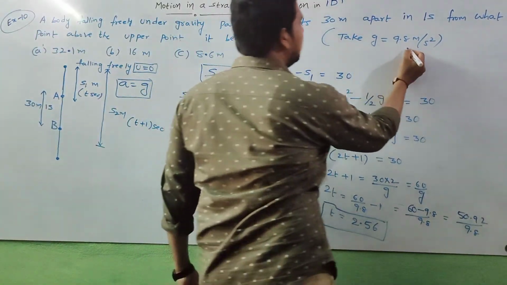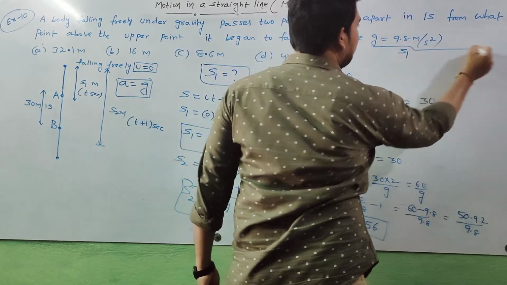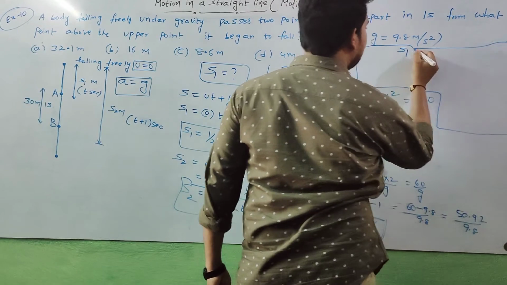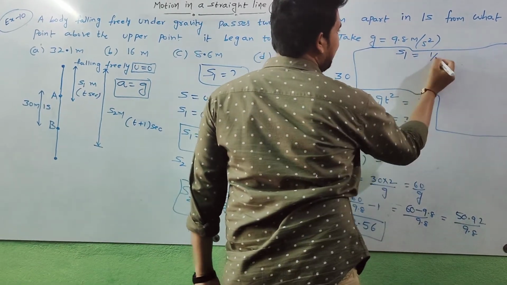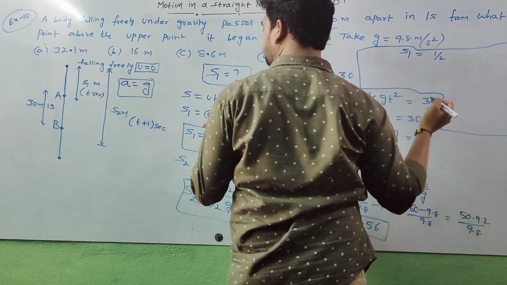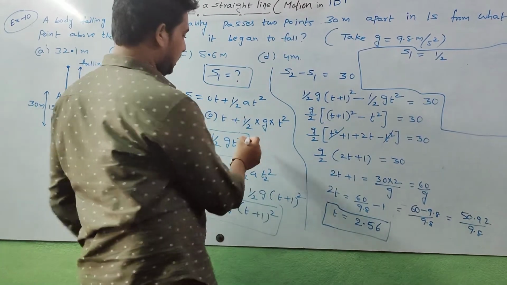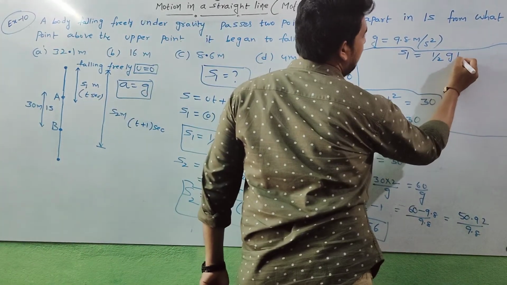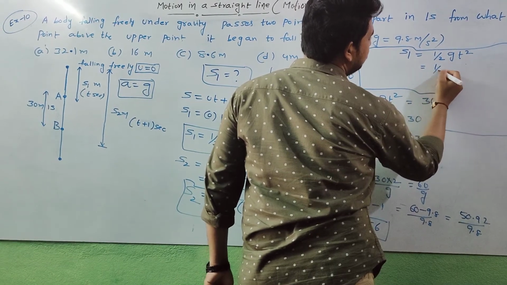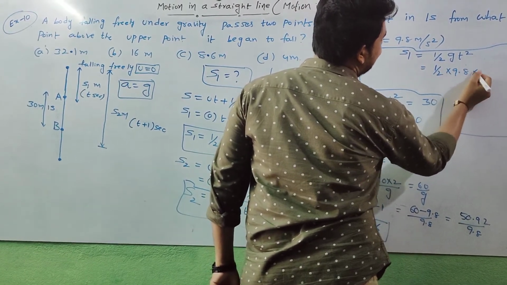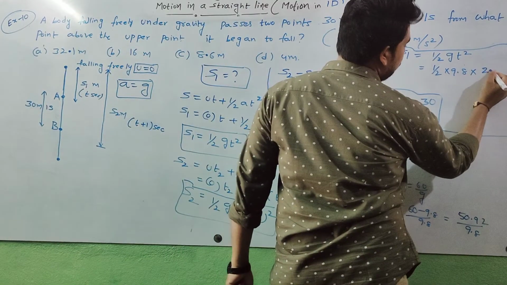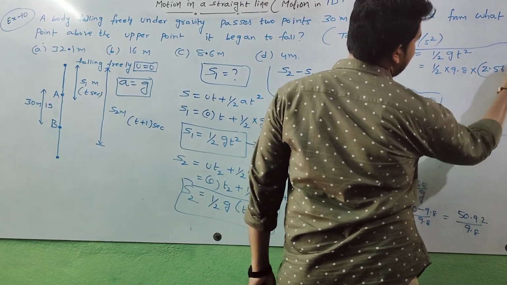So S1 is equal to, we know S1 is equal to half gt square. From equation 1, S1 is equal to half gt square or not? Half into g means 9.8, t square means t is already 2.56, 2.56 whole square.